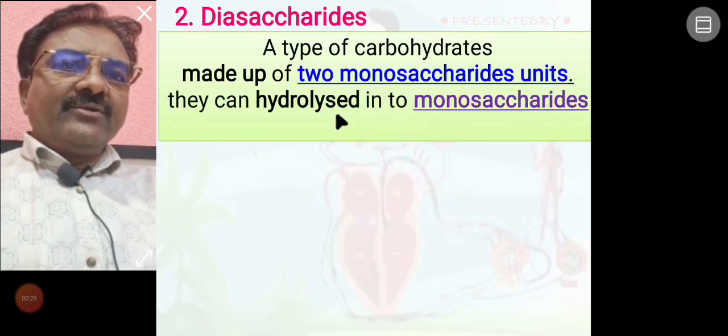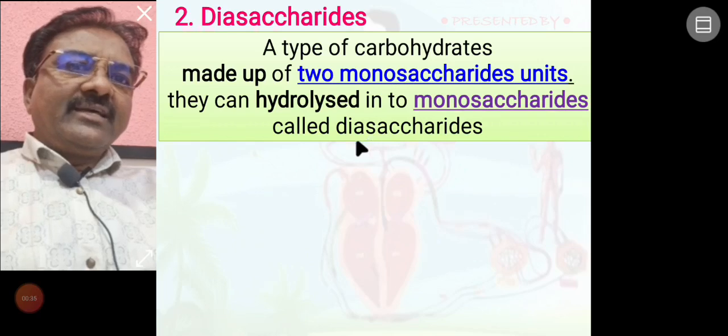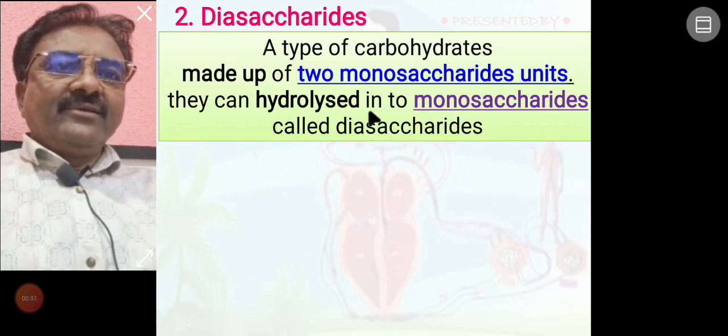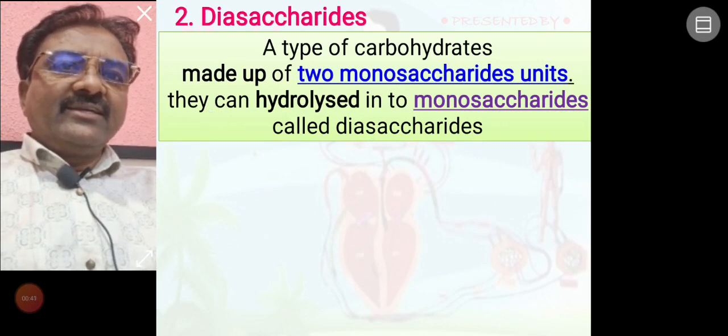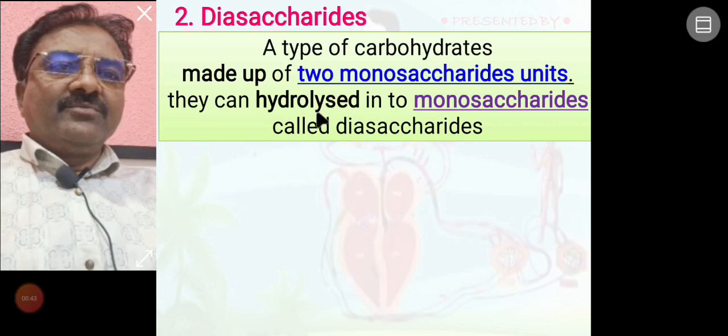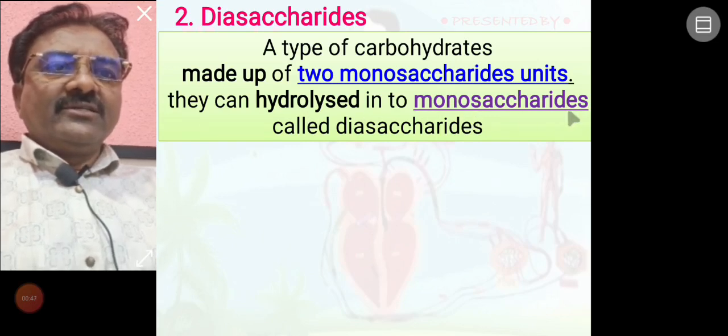They can hydrolyze into monosaccharides. If a disaccharide made of 2 monosaccharide units is hydrolyzed to form monosaccharides, such a structure is called a disaccharide.